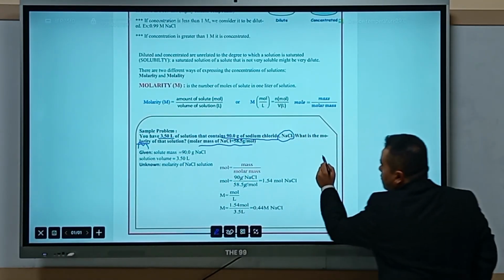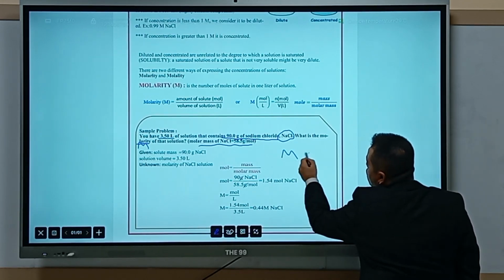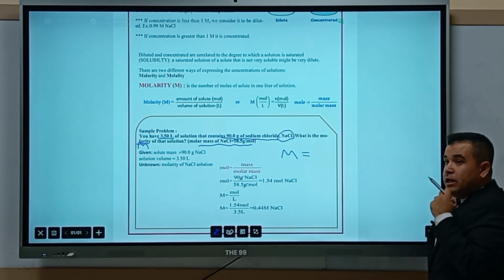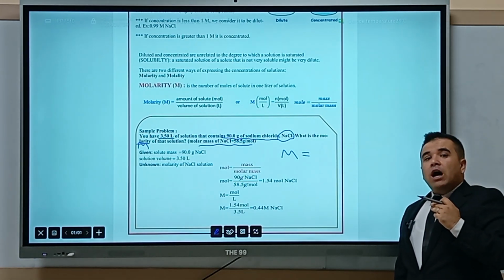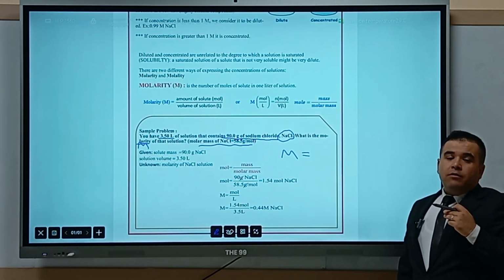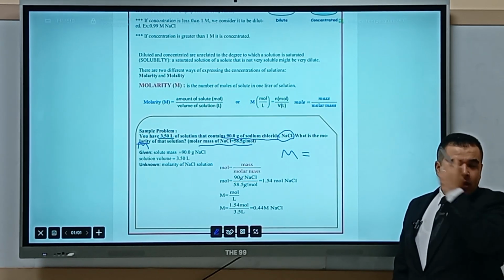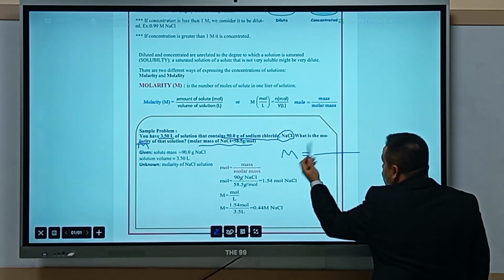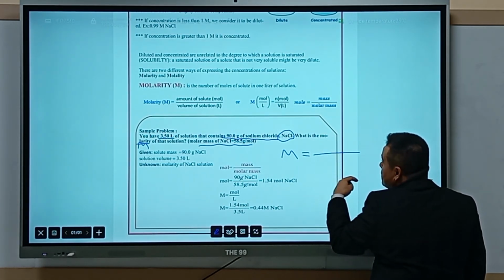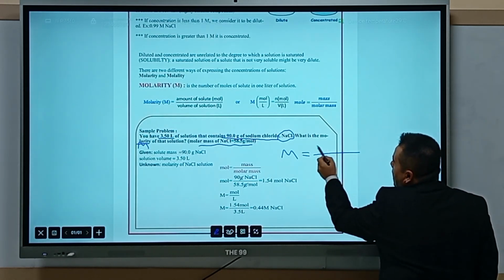The question requires the molarity. So to solve mathematical questions in chemistry, you have to find the relation between the given quantities and the unknown quantities. We use the givens to calculate the unknowns.